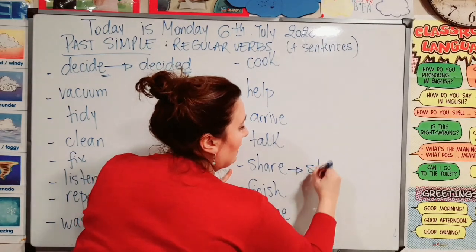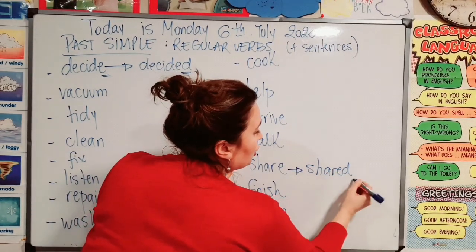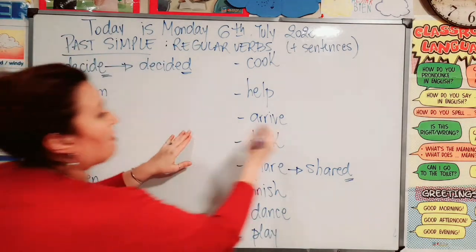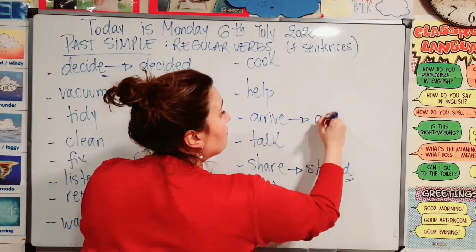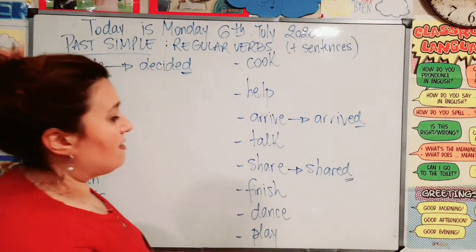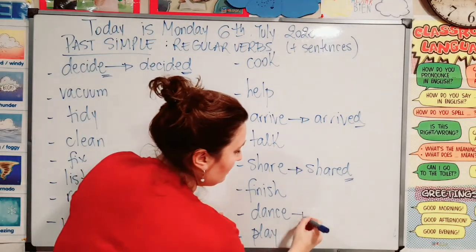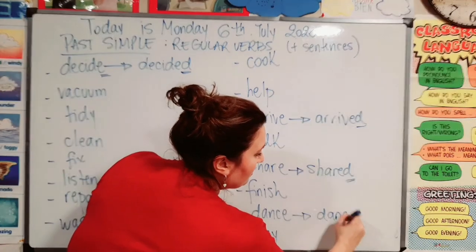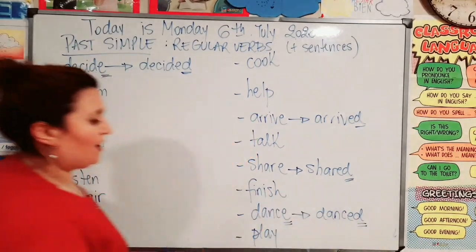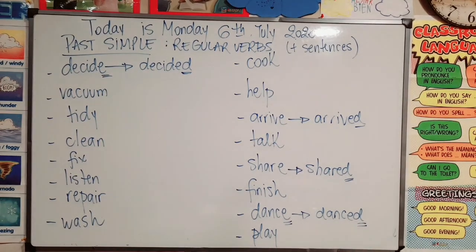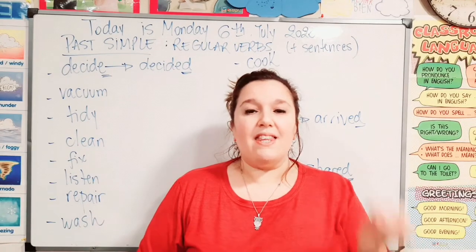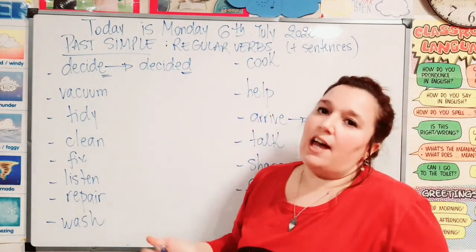In the past, we say shared, we add only one D. The same happens with arrive, arrived. Here we have another one, dance. We have the E, so we add the D only, and that's all. To all the other verbs, we add ed.